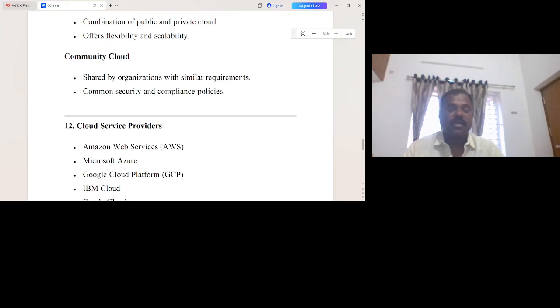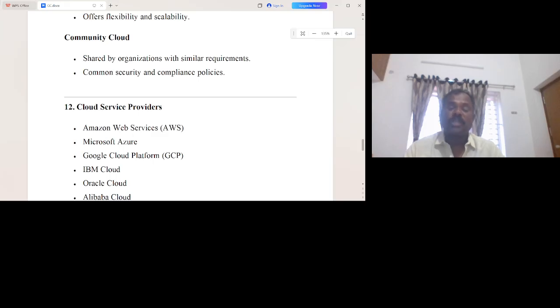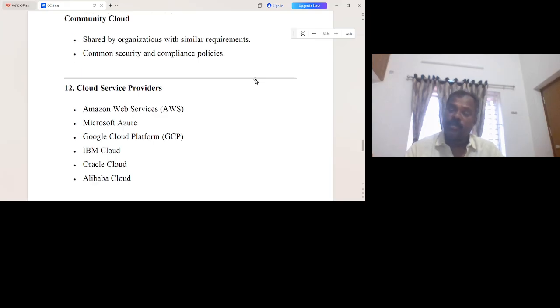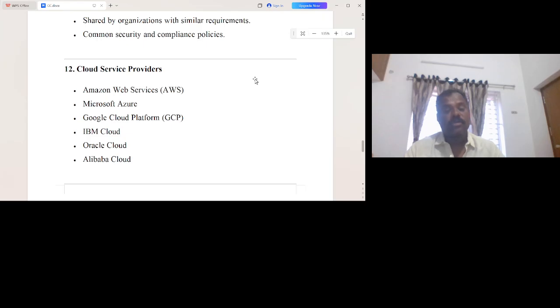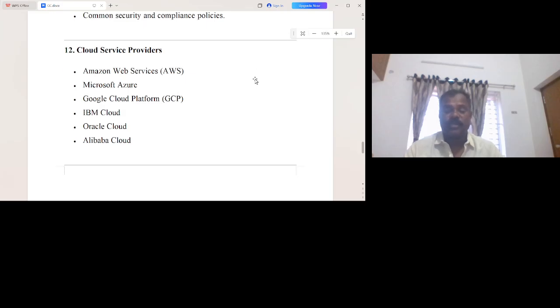Some cloud service providers, CSPs, are Amazon Web Services, Microsoft Azure, Google Cloud Platform (GCP), IBM Cloud, Oracle Cloud, then Alibaba Cloud. These are some basic CSPs.